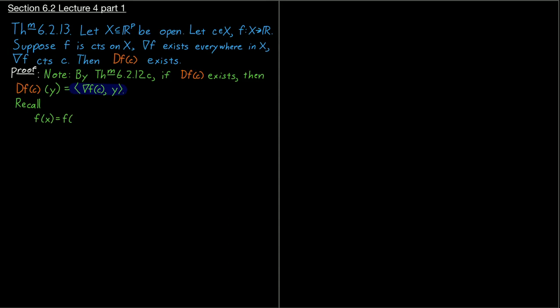We've got this formula, f of x is f of c plus the linear operator df of c evaluated at the vector x minus c, and then we have to add to that the norm of x minus c times F of x, for some F from X to R with big F continuous at c, big F of c equals 0.